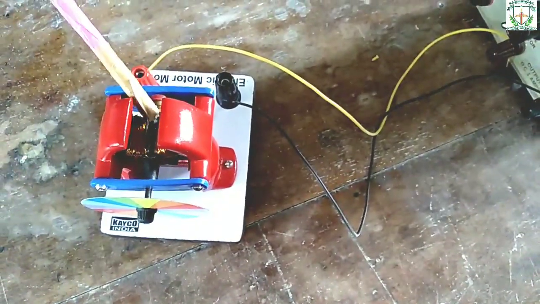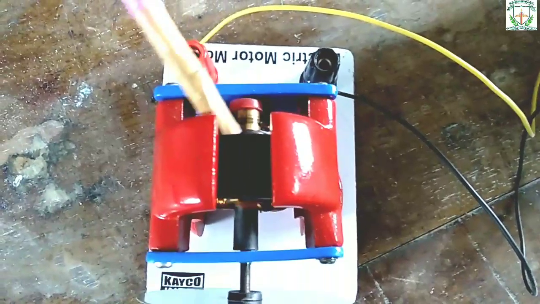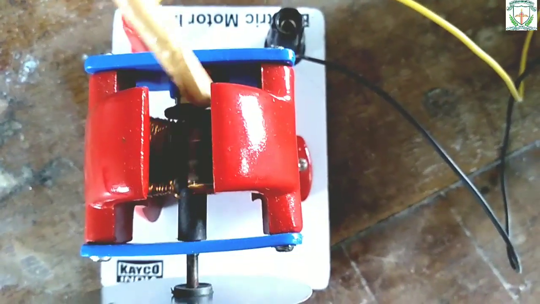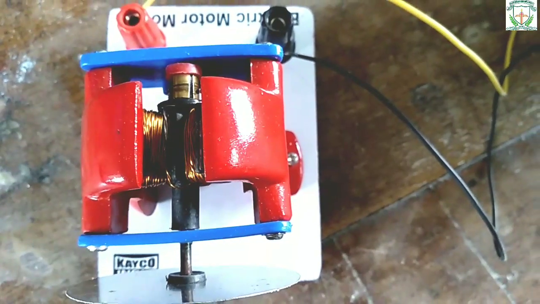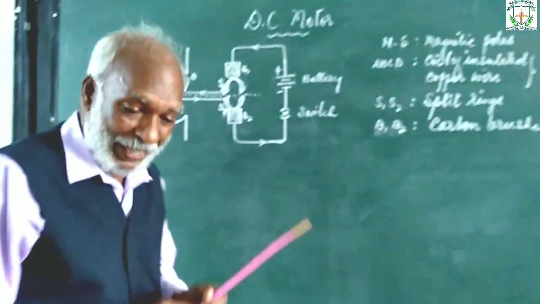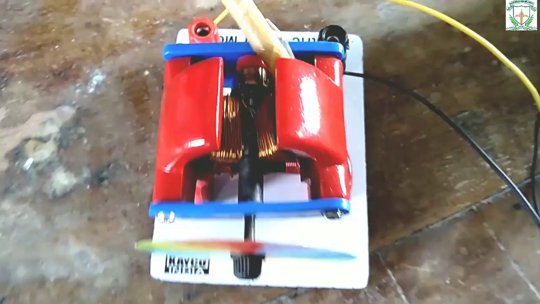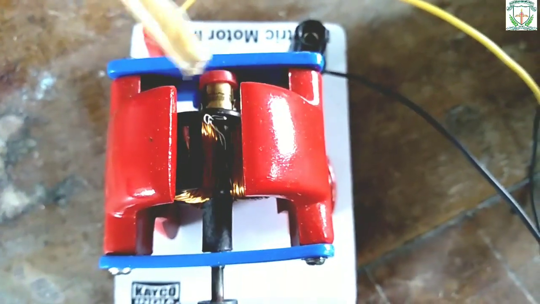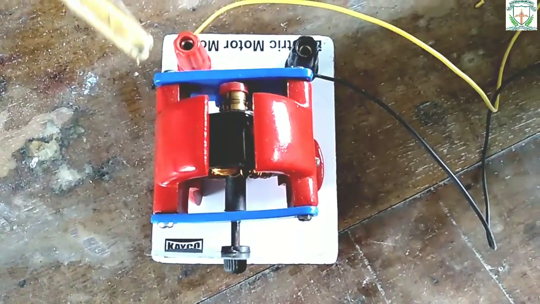So, if you observe carefully, you can see the coil of copper wire. Instead of one coil, here we have 3 coils, just to increase the efficiency. Okay, we have 3 coils.